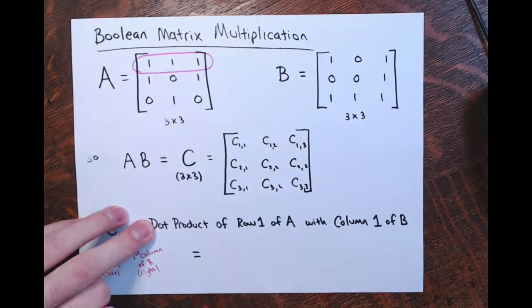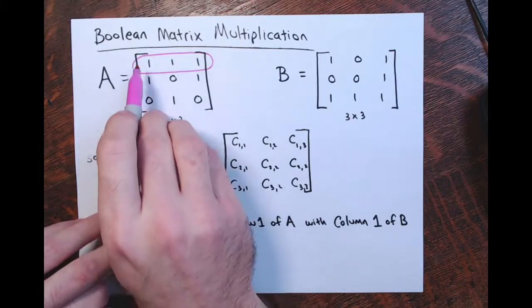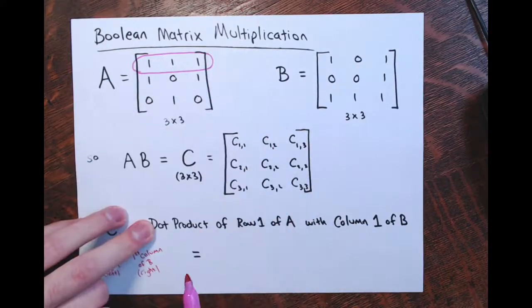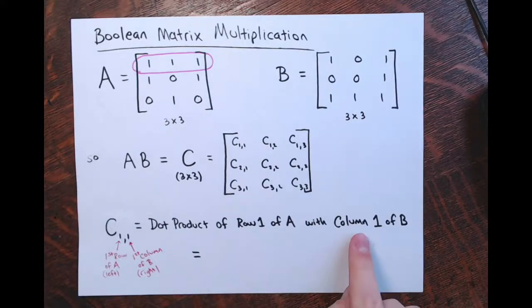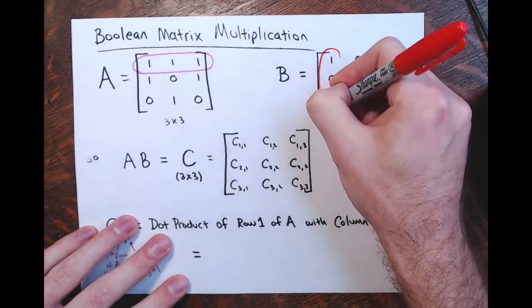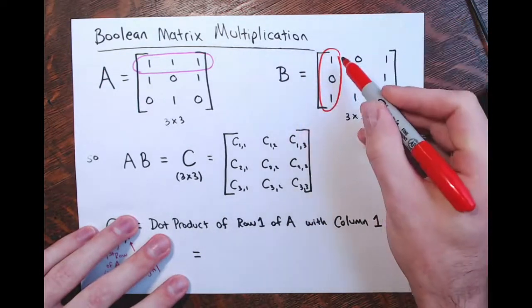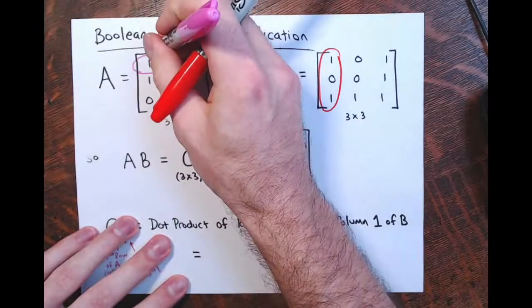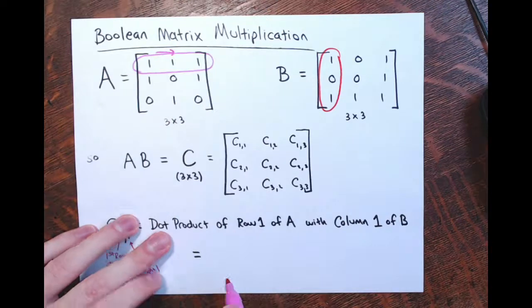There's row 1 with the entries, left to right, 1, then 1, then 1. Column 1 of matrix B is this column here. And you go top to bottom. You go left to right when you're talking about the entries of a row.